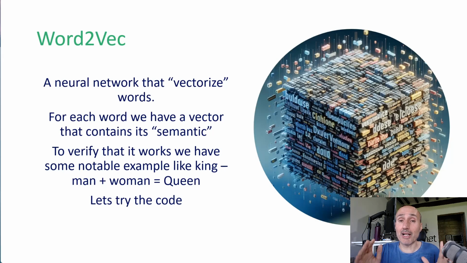The result is queen. It is intuitive that when we have king, remove the man and add the woman, we get a queen. So this experiment showed that indeed this neural network captures some semantics of the word. The vector that is assigned to each word captures the semantics of the word.